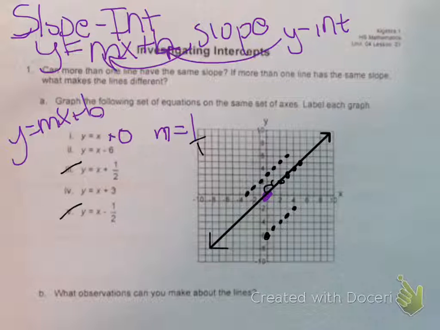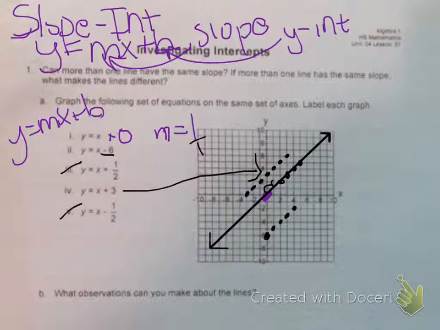Okay, whenever I drew my line y equals x minus 6, my y-intercept was at minus 6. So I started there, and then I did my slope up 1 over 1, and I just made a whole bunch of dots. Then I'm going to draw a line through it. And when I did y equals x plus 3, I started at plus 3 right here.